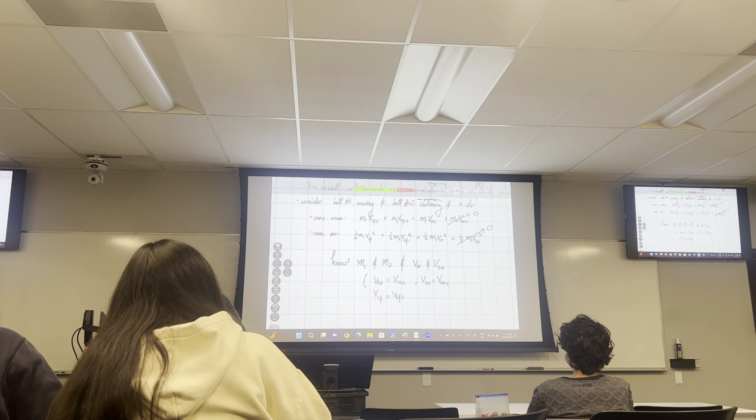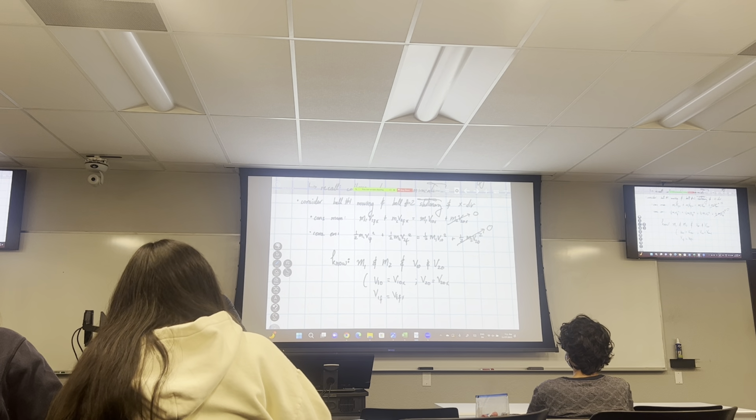is going to be M1 minus M2 over M1 plus M2 times V1 naught x. The second object is going to be 2M1 over M1 plus M2 times V1 naught x.